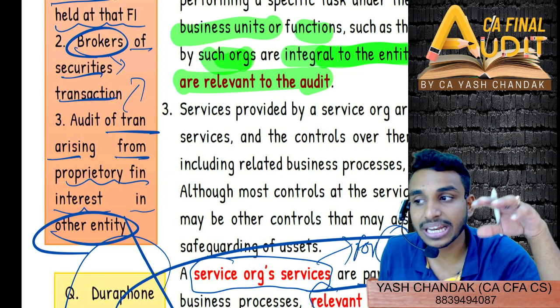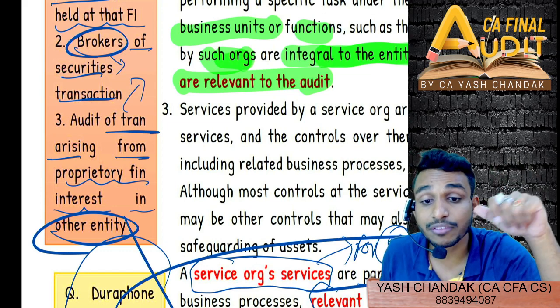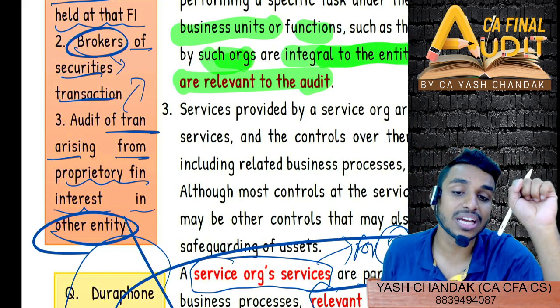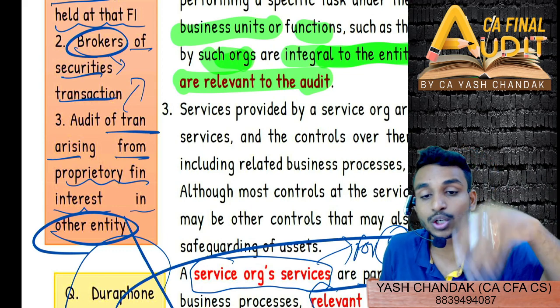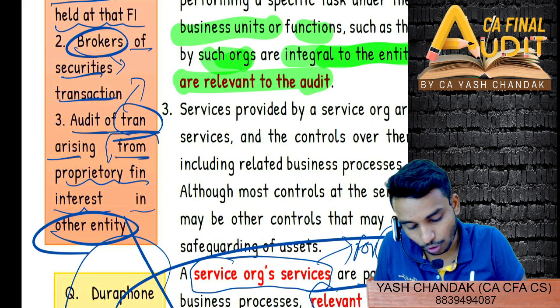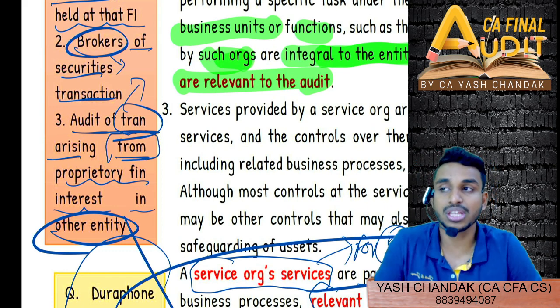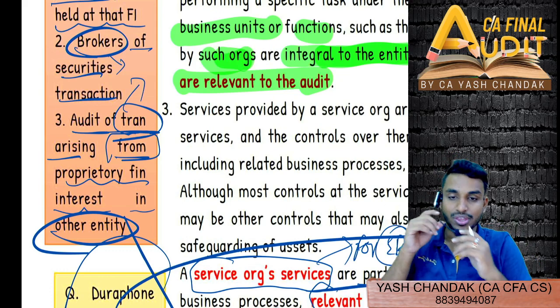So can I say that she is holding a financial interest in the other entity also, so I'll have to go and check the operating controls within that firm? No, right? The audit of transactions arising from proprietary financial interest in another entity, we don't have to check. So these all three are out of scope of SA 402.